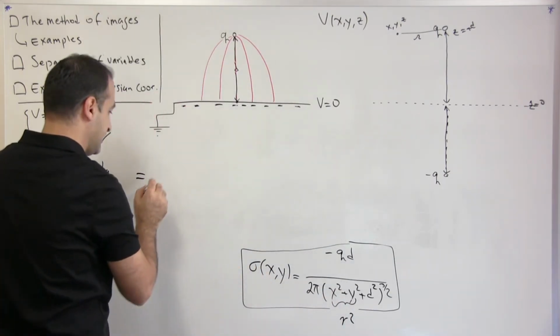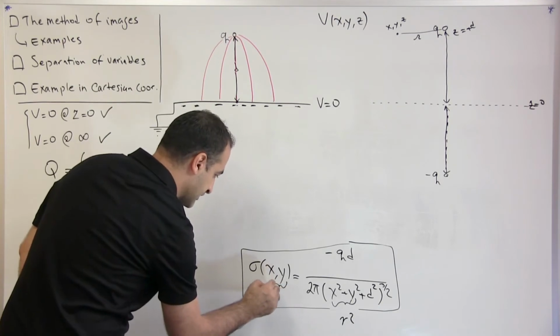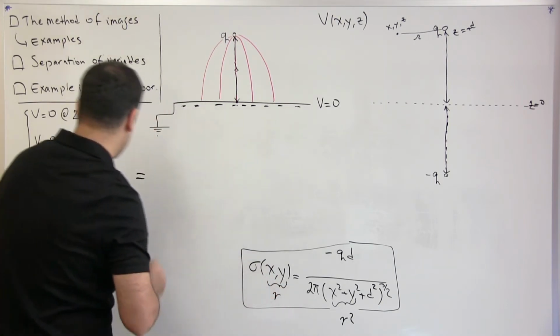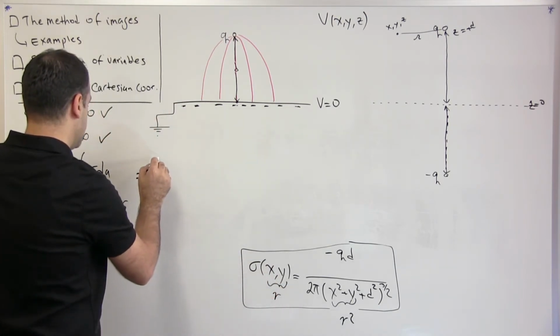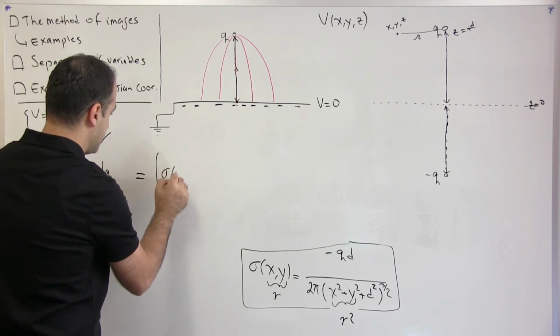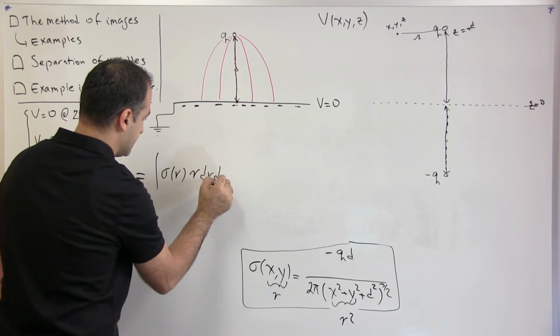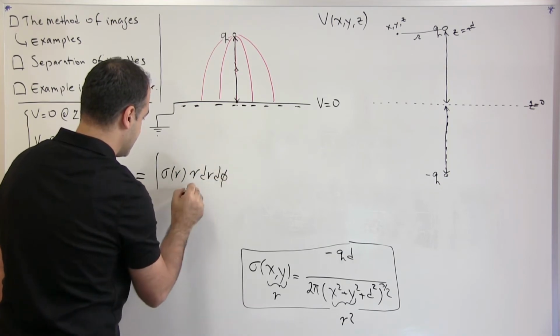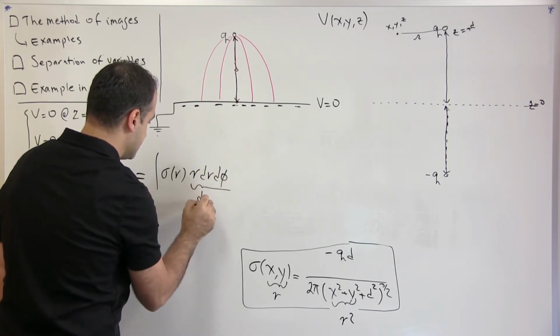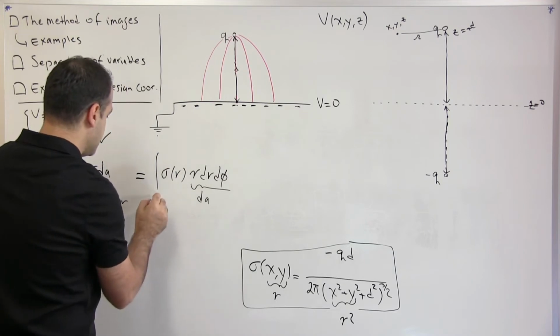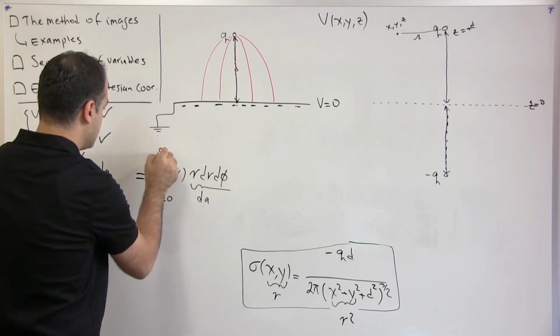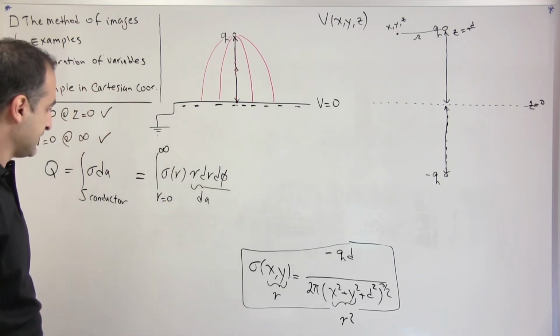That also makes sigma a function of r, so the whole integral becomes sigma of r times r dr d phi. This is dA, and the integration goes from r equals 0 to infinity.